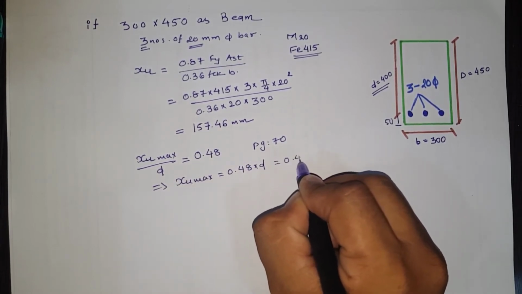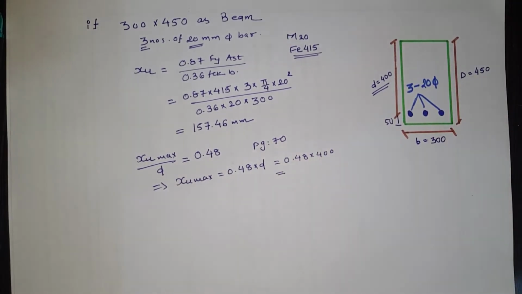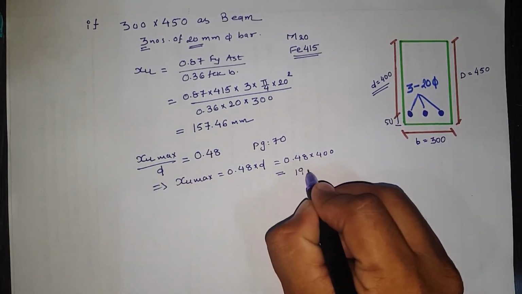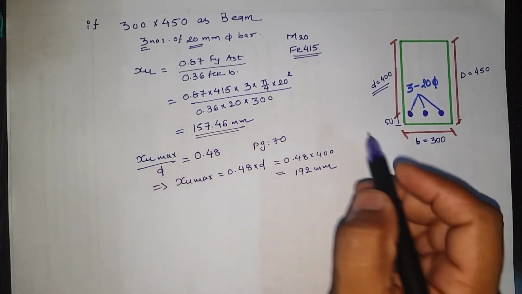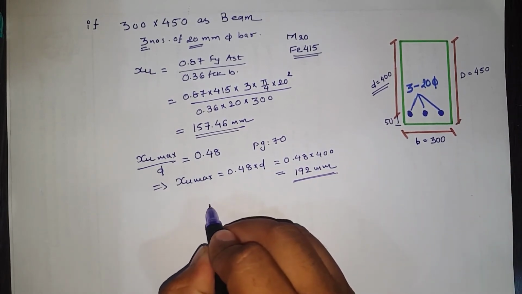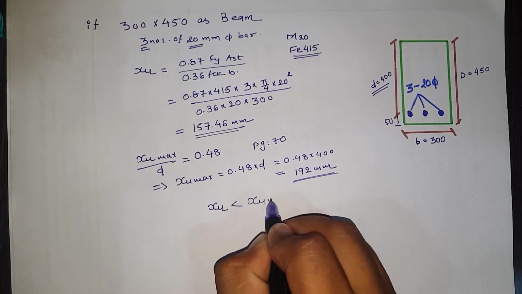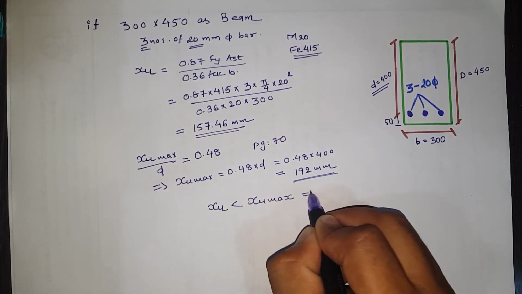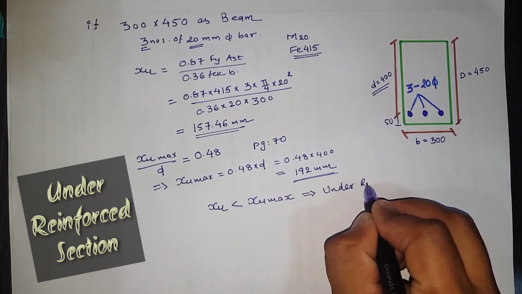The d value is 400, so 0.48 into 400 is 192 mm. Now see, xu is 157.46 and xu max is 192 mm. So xu is less than xu max and our beam is an under reinforced beam.